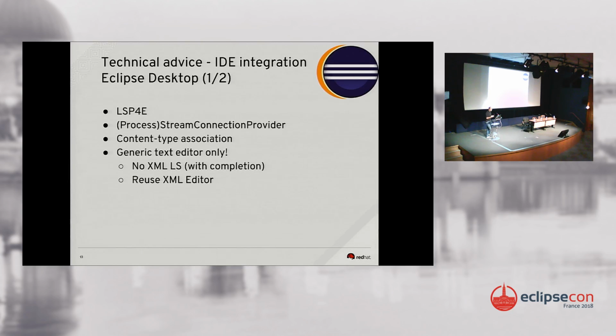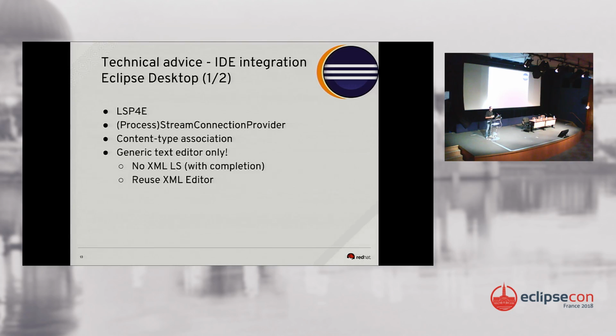Just take care that the language server, by default, all the completion that you will provide with it, for instance, is available only in the generic text editor. So what it means is that I'm providing some more advanced completion for XML. When I'm opening the XML editor, I don't have the language server completion, all the benefits of it, by default.